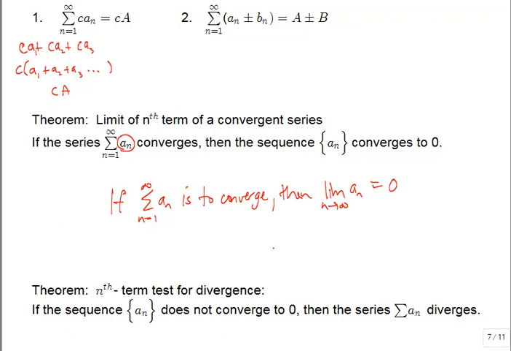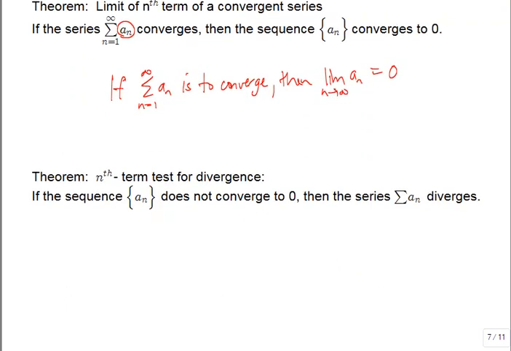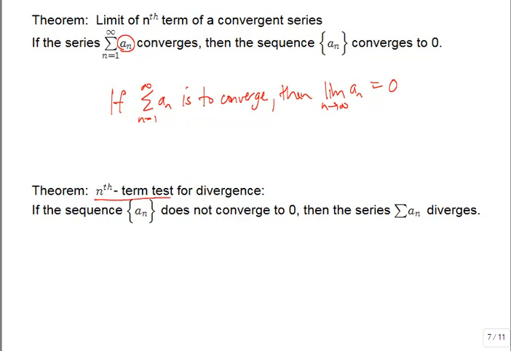Now the converse of that is a really important theorem called the nth term test for divergence. And it basically says the opposite of this. What it says is if the limit of these nth terms does not go to 0, then the sum of all of these terms in your sequence, a sub n, must diverge.